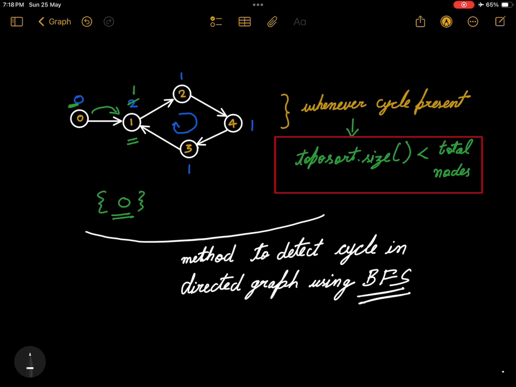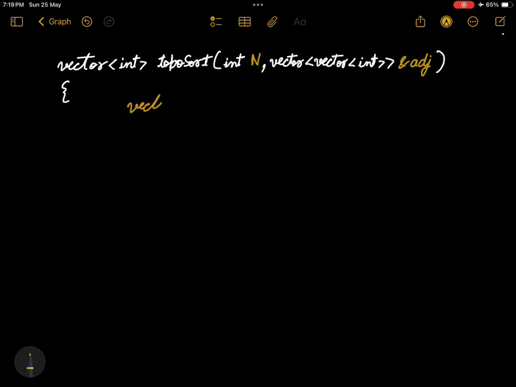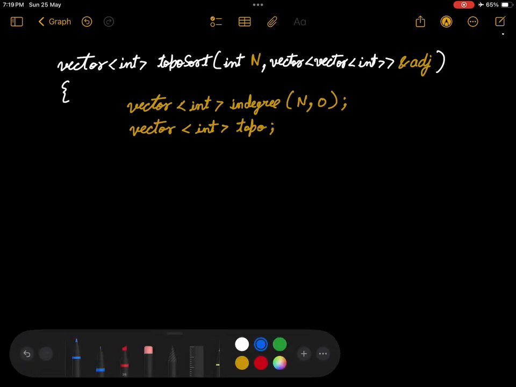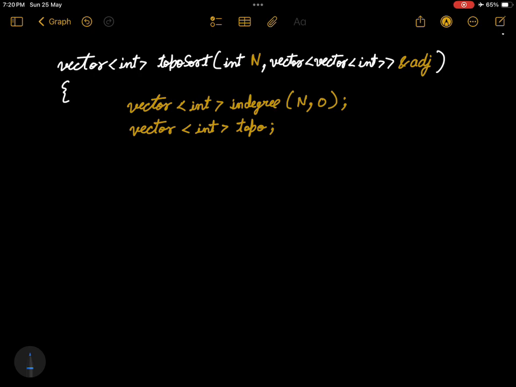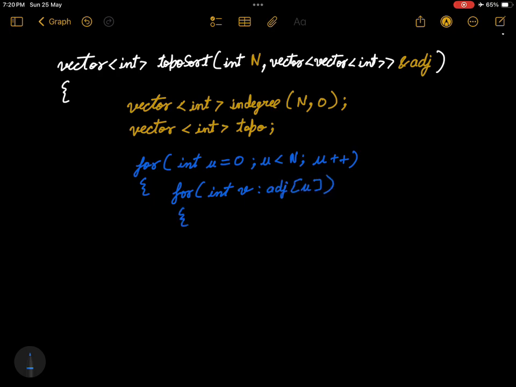Now let's see how to implement these observations in our code. Okay, so step 1 will be, we will define our in degree vector in which we want to store the in degrees of all the nodes. Then a topo vector in which we will store our topo sort. So step 1, let's fill our in degree vector. So in your adjacency list, for every edge, for every incoming edge, we will increase our in degree.